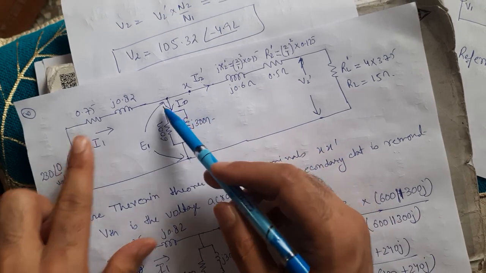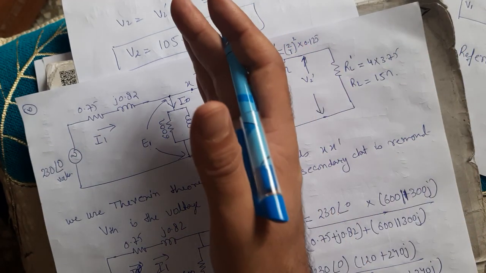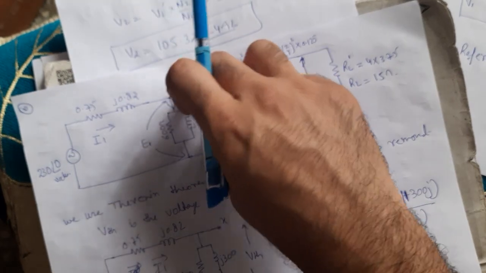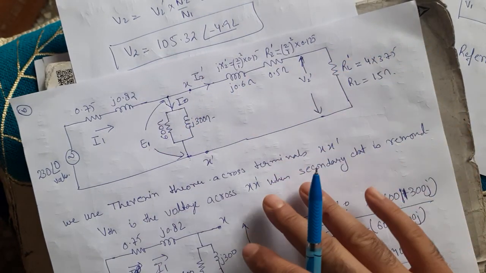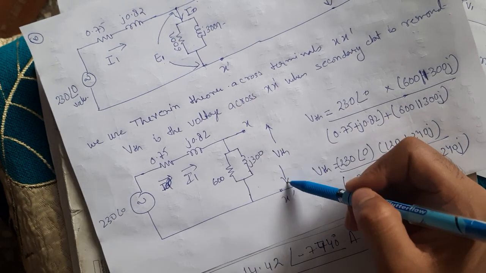We also know that this circuit can be replaced by a Thevenin equivalent circuit. So we remove the secondary and calculate the Thevenin equivalent voltage across these open circuit terminals. If we remove the secondary, my circuit becomes like this, and this is my VTH.